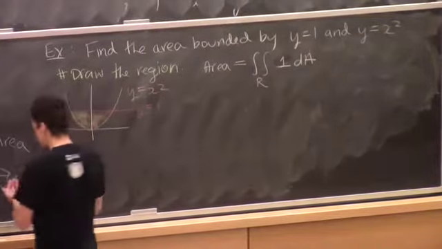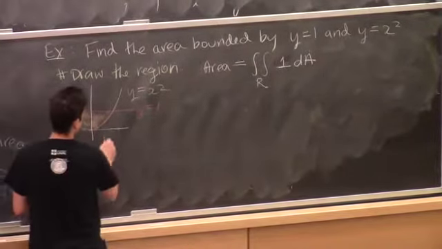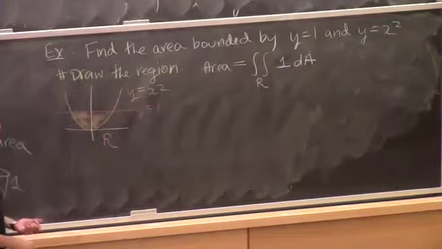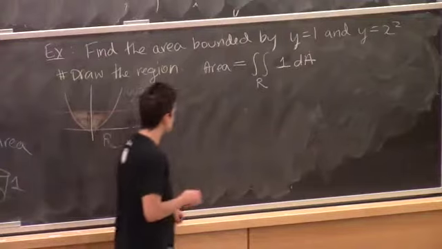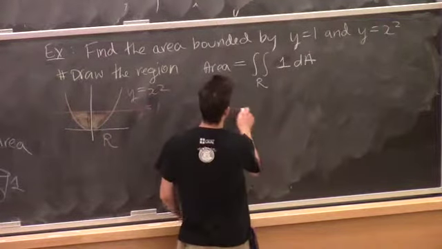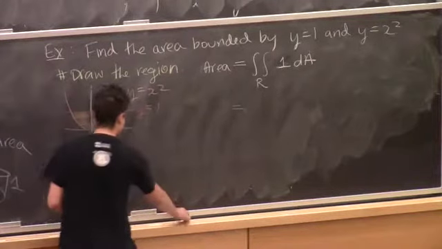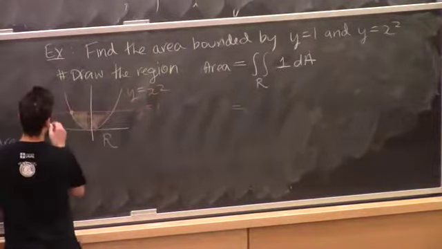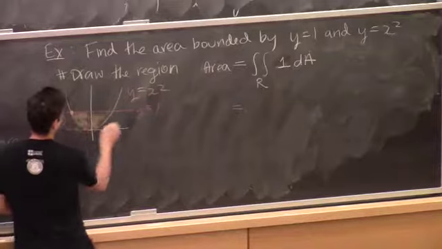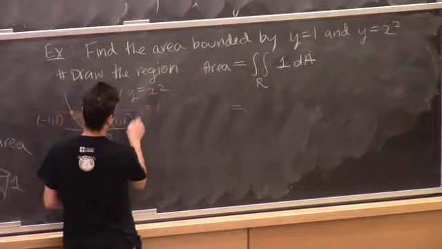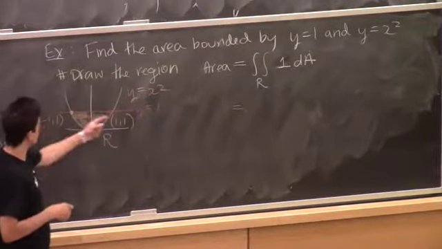We can think of this as being our region R. And now we're going to integrate 1 over that region. So we wind up getting our bounds here go from -1 to 1.